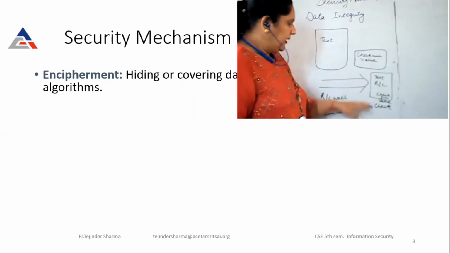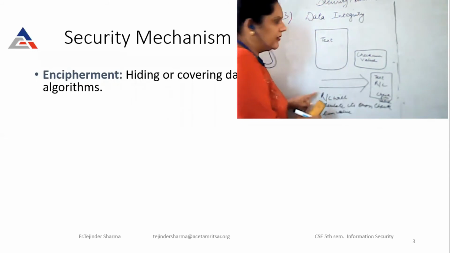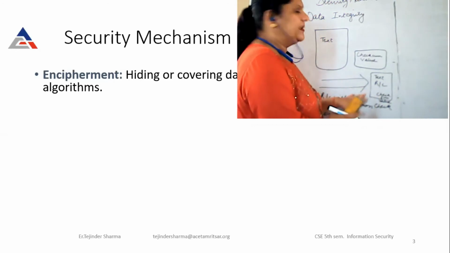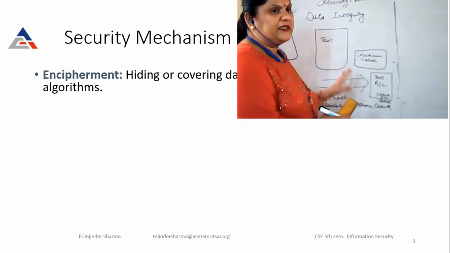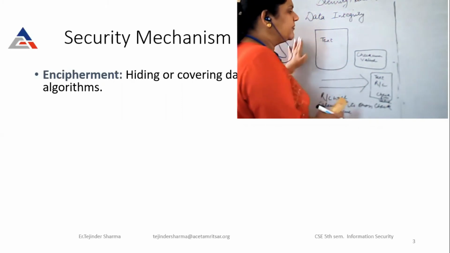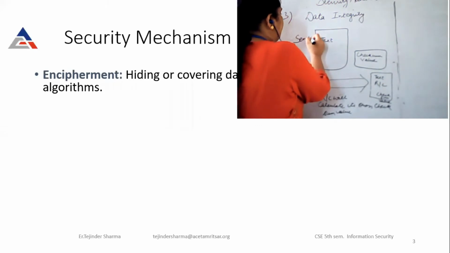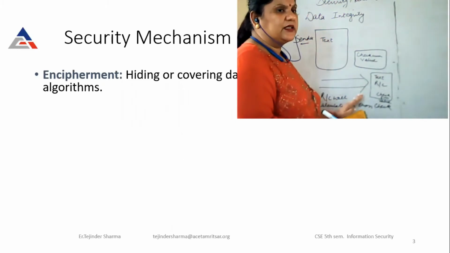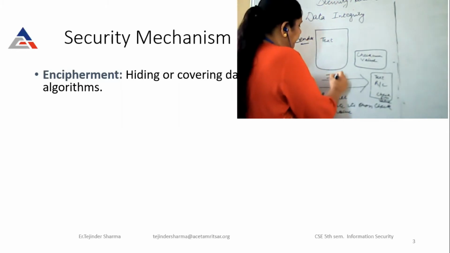And if the checksum value calculated by the receiver matches the checksum value sent by the sender, that means data has not been modified on the way. That means data is integral. That means whatever data is sent by the sender is received by the receiver in its original form. There are no modifications made to this data during the transmission over the internet.